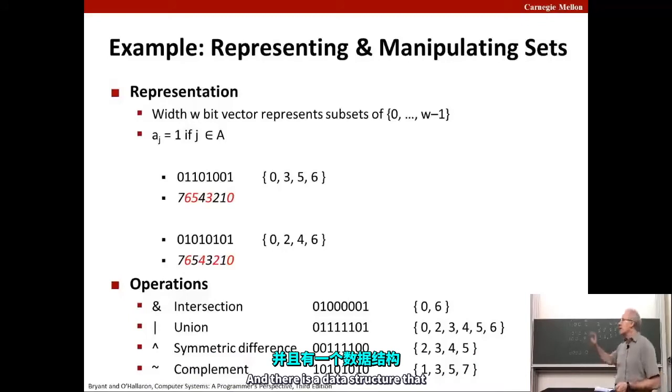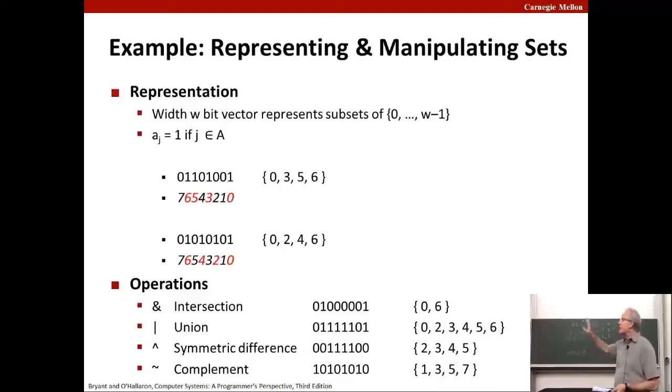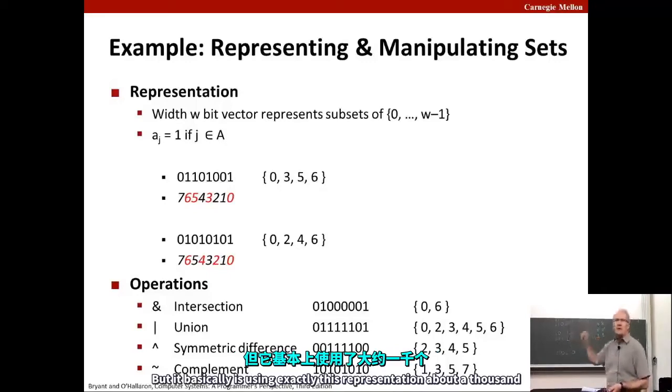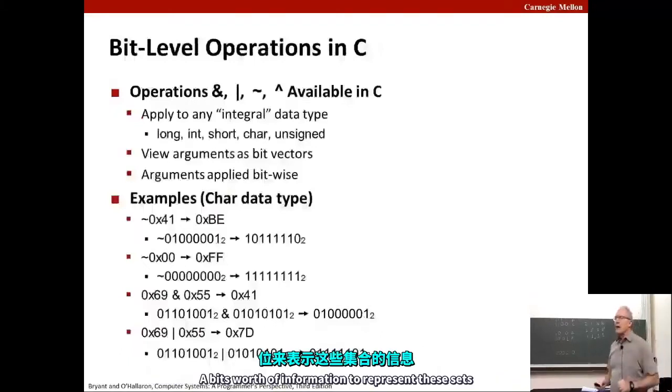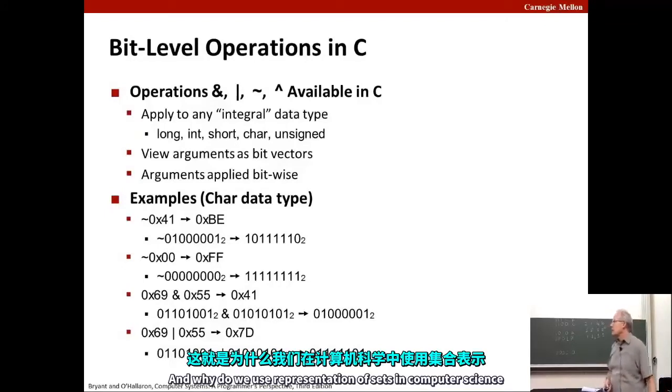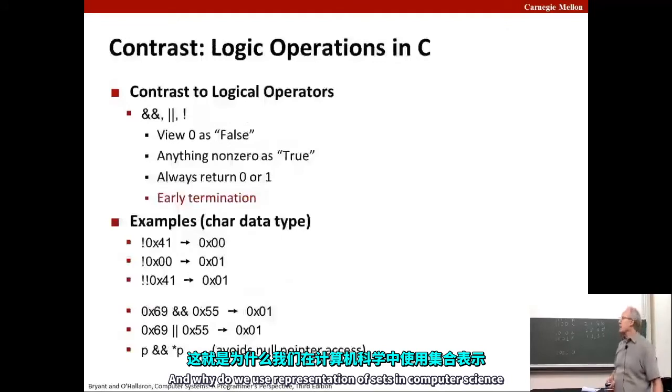There's a data structure that's hidden away among some C library calls, but it basically uses exactly this representation, about 1,000 bits worth of information to represent these sets and do manipulation on those sets. So this is a very common and widely used representation of sets in computer science.